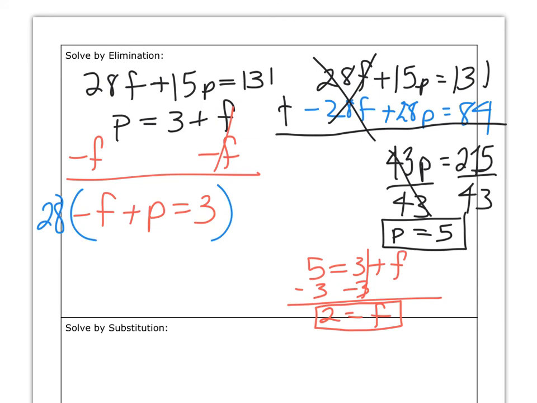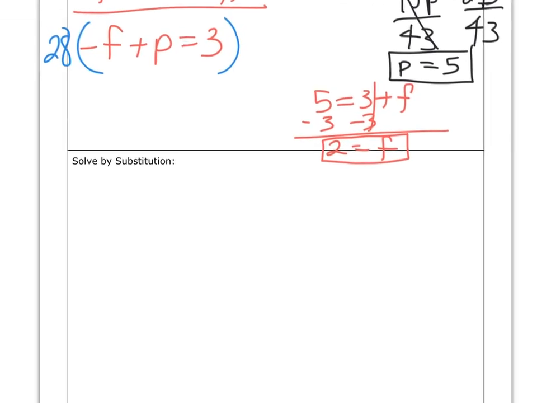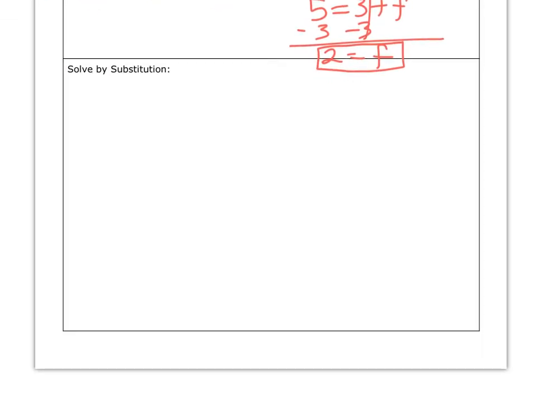So let's solve by substitution. This problem was kind of set up for substitution, wasn't it? Yes. So I've got 28F plus 15P equals 131.